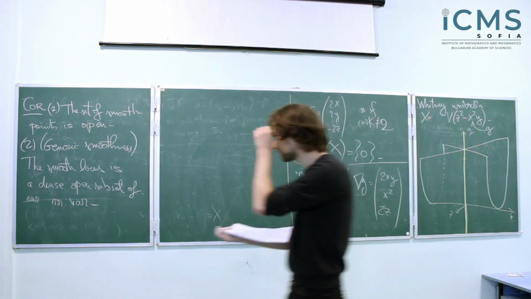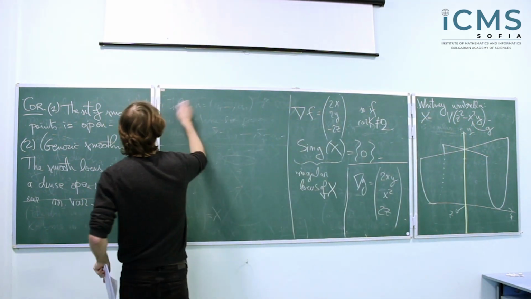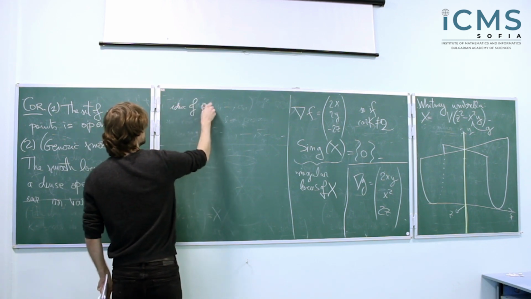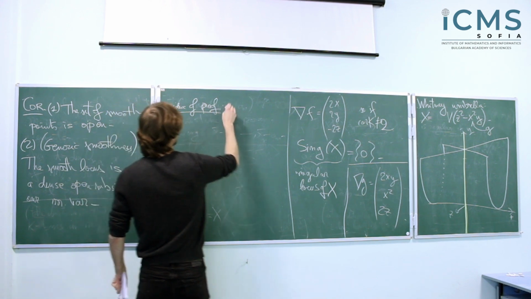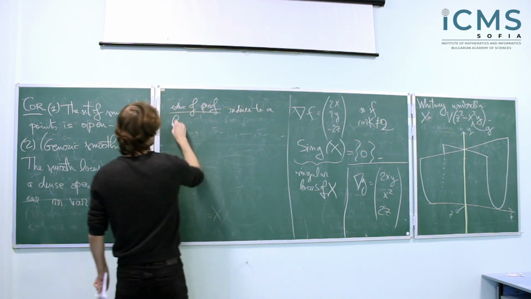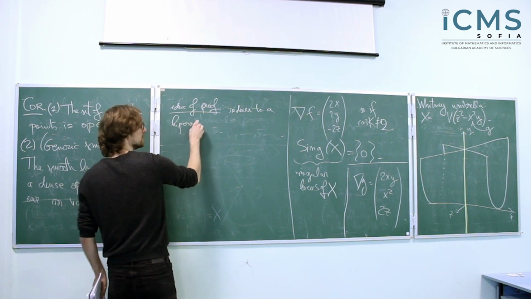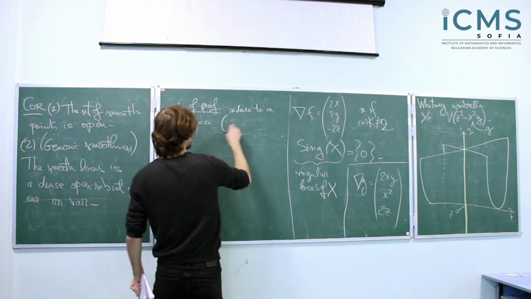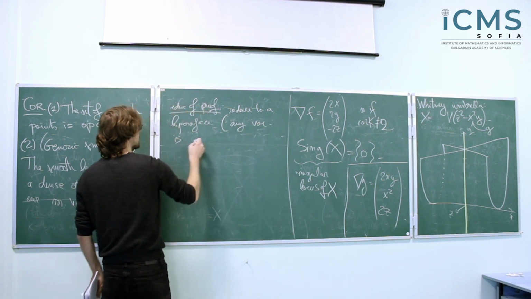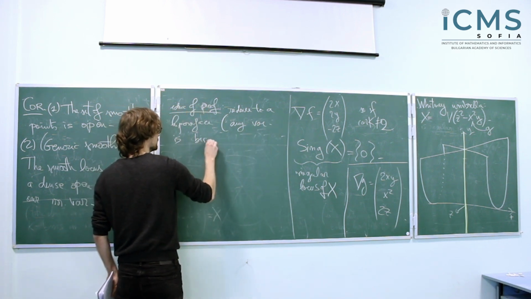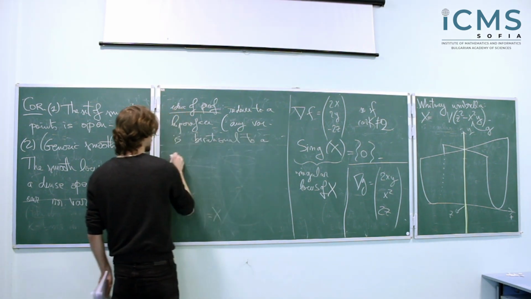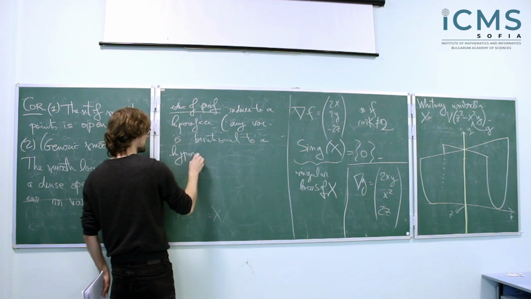Okay, so the idea of the proof. Reduce to a hypersurface. So any variety is birational to a hypersurface.